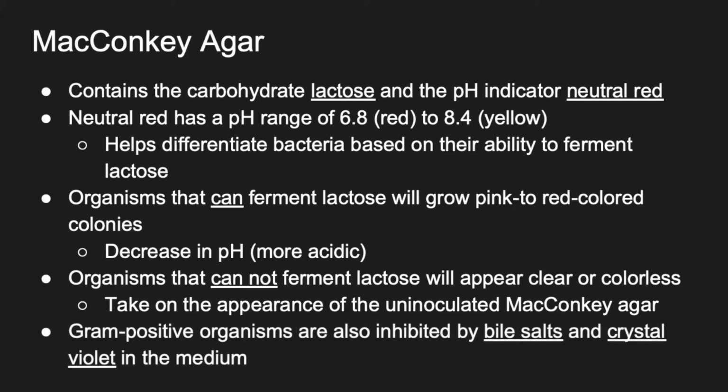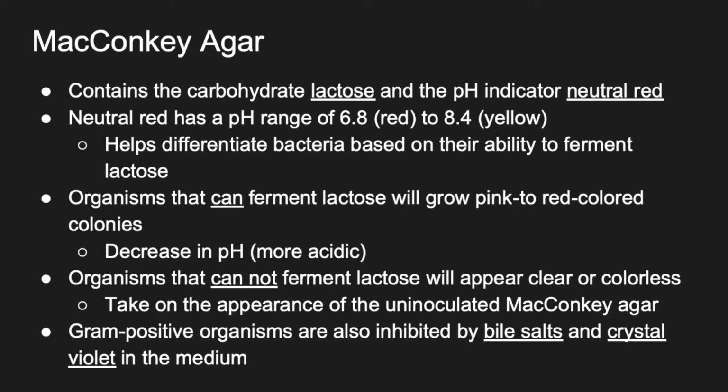Gram-positive organisms are also inhibited from growing on MacConkey agar by the addition of bile salts and crystal violet in the medium. So there's the other part of MacConkey agar that makes it special, right? We said it's selective and differential.